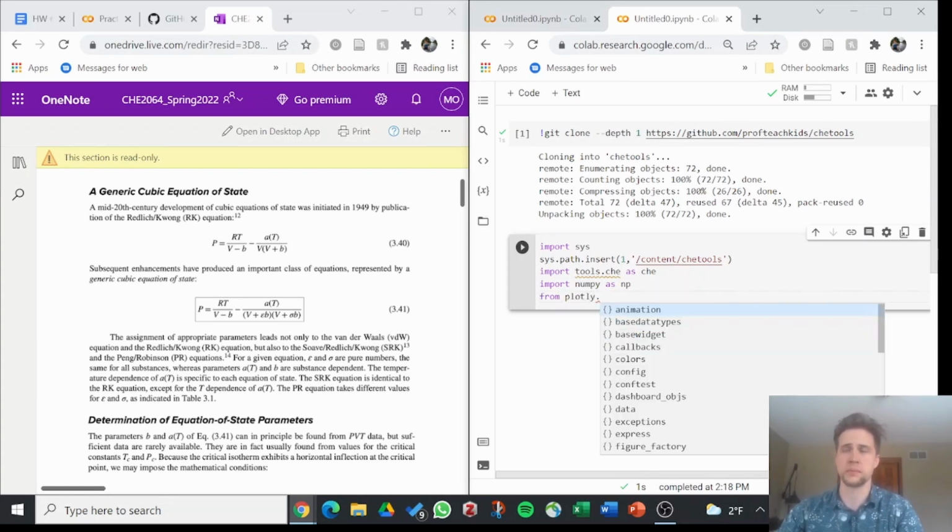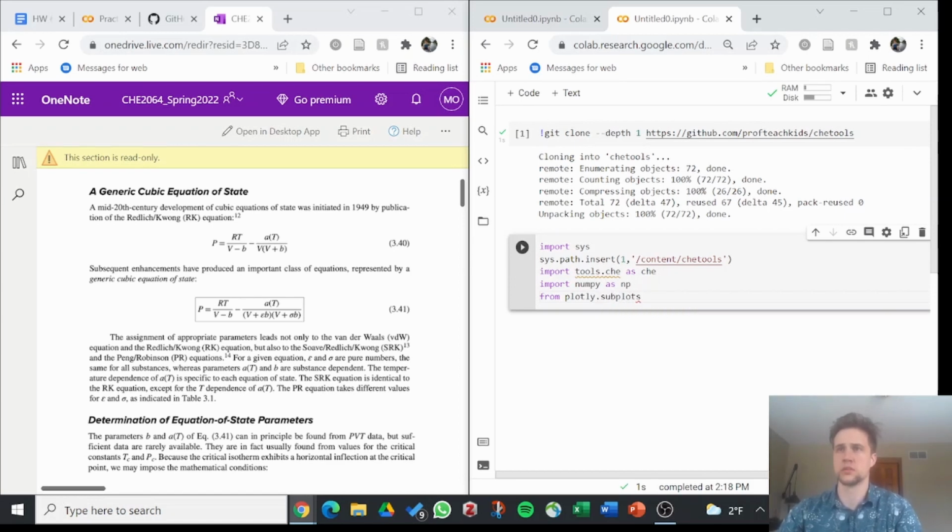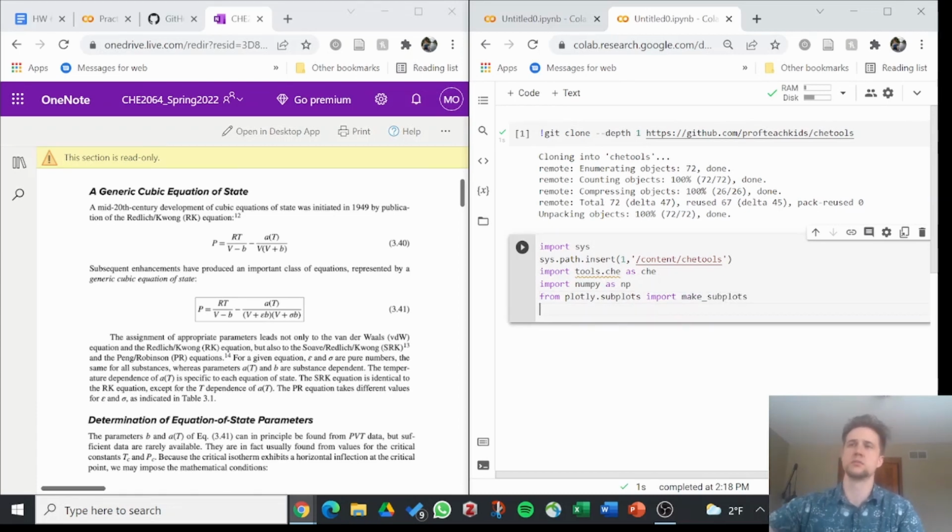This next one is for plotting purposes. I want to import make_subplots. And then for templating purposes, for our background, it'd be nicer if it's black, because it's just easier to visualize everything on it.